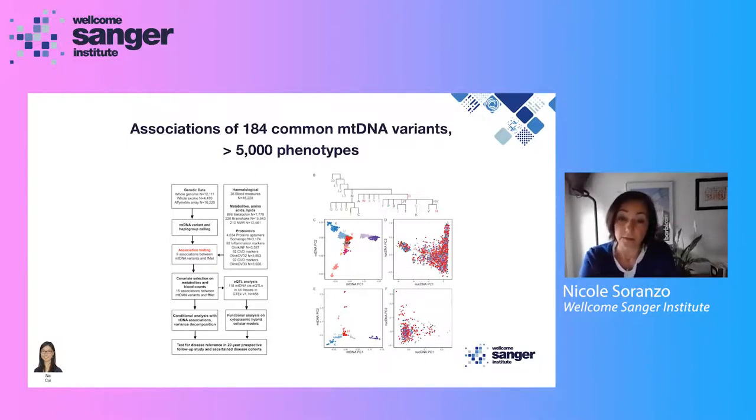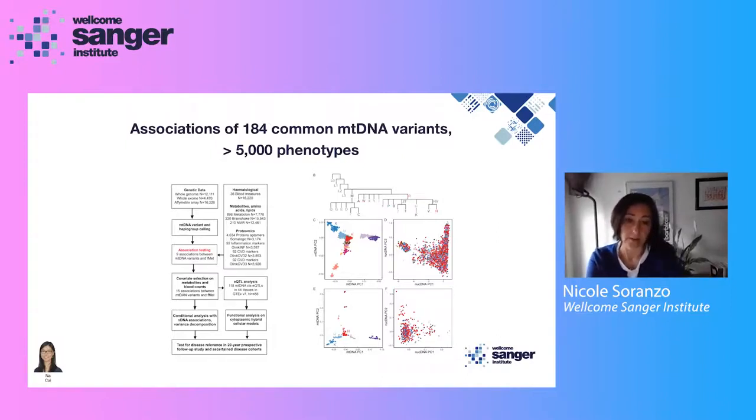Here on the right, you can see that the mitochondrial variants fully resolve the haplogroup structure of the mitochondria in the population, as shown on the panel on the left, which is obviously very distinct from the genetic structure in the same individuals that we can glean from nuclear variation.